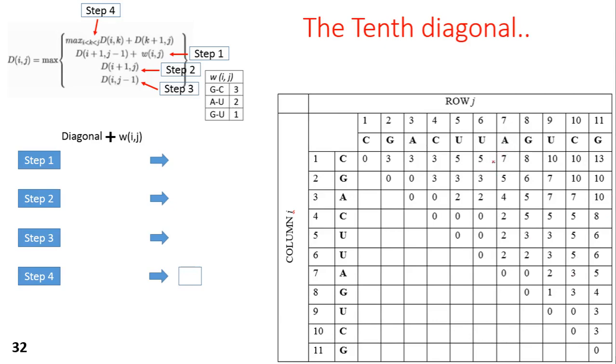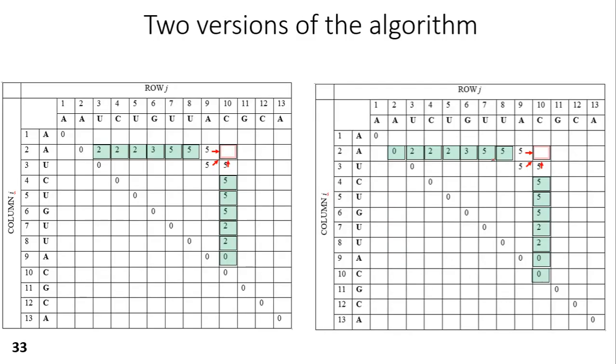Okay, so once you have populated this S matrix, there is one more thing that you should know: there are two versions of this Nussinov and Jacobson algorithm. In the first version, as you might have noted, we don't include the values from the main diagonal in calculation of step 4.